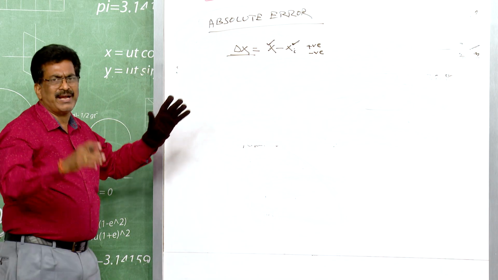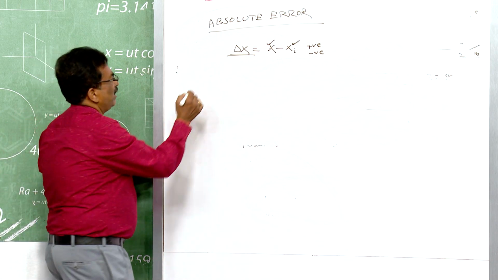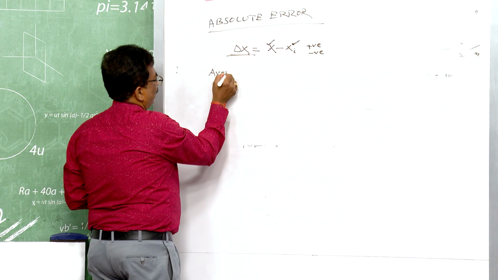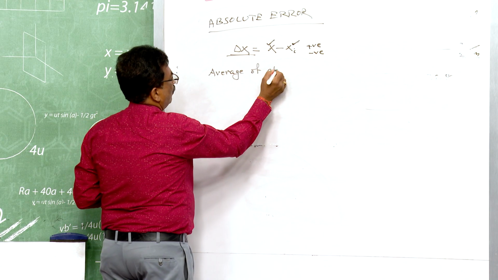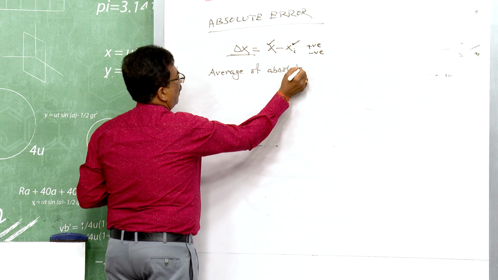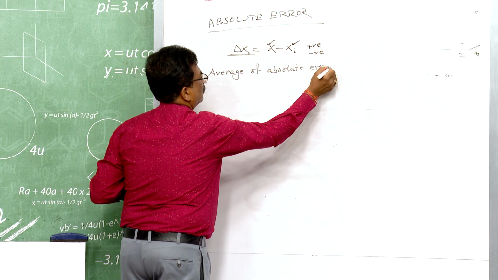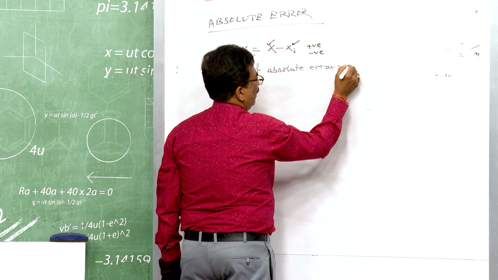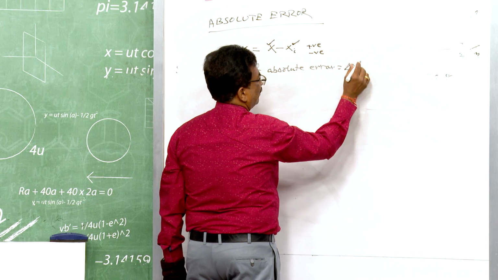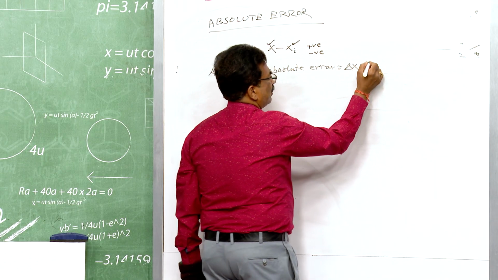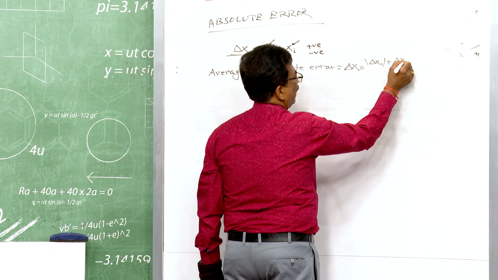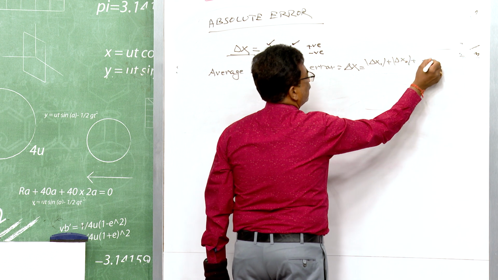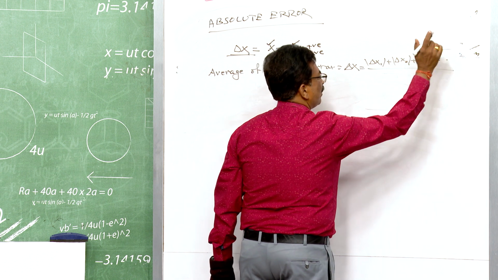If you take the average of the absolute error, it is generally written as del x, which equals del x1 mod plus del x2 mod plus, likewise, however many numbers we have taken.